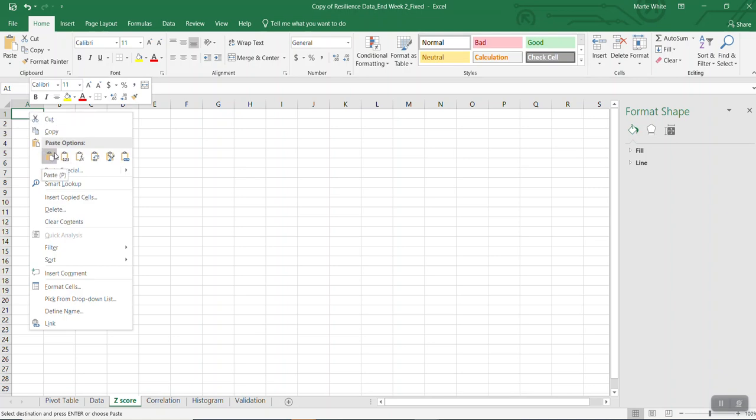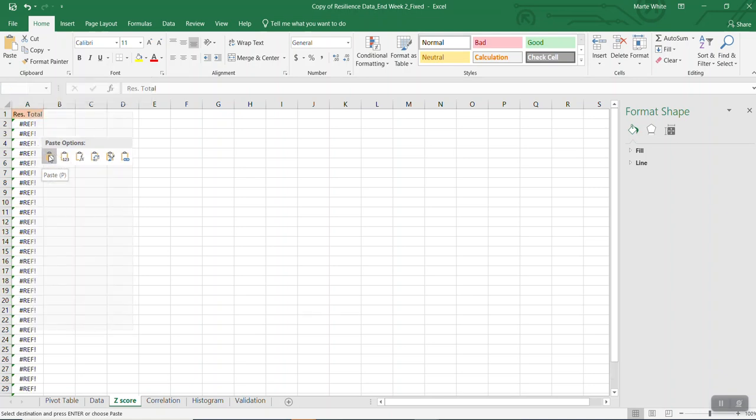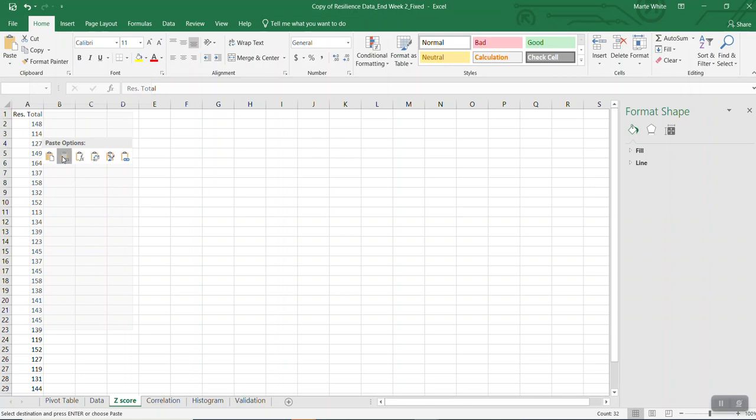Remember, when you're pasting, you don't want to use the first option because it brings over the formulas where it has the total scores of all the scales. So we want to make sure that we paste values only, and bold the label.